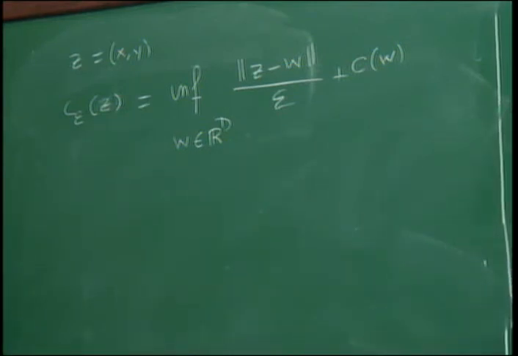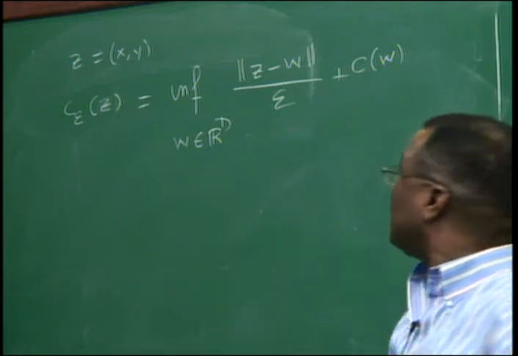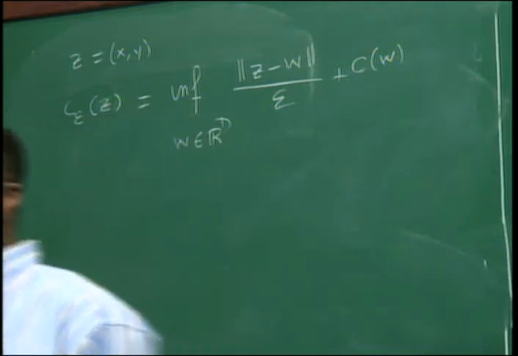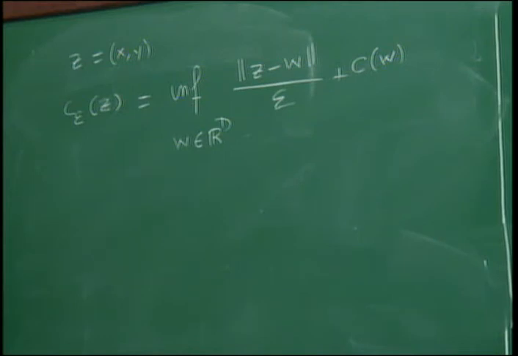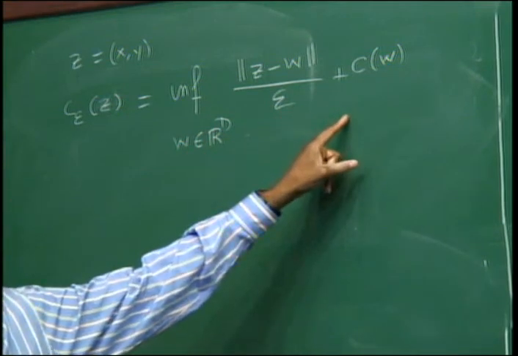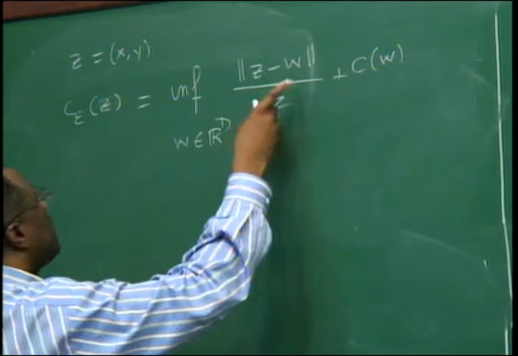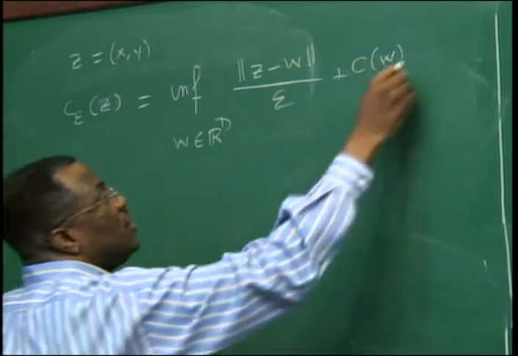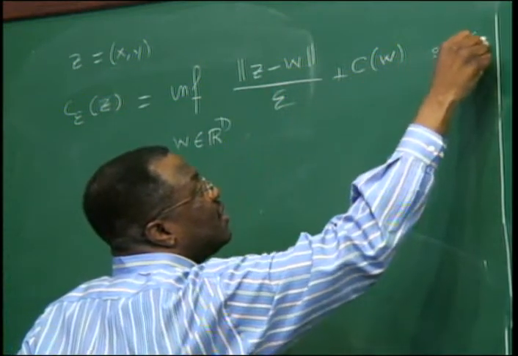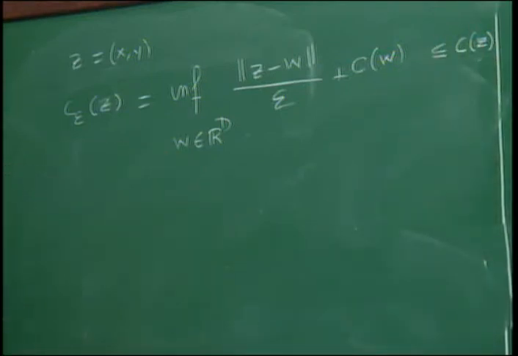So we are going to see later that this function is Lipschitz with Lipschitz constant 1 over epsilon, provided that this infimum is finite everywhere. For instance, if C is bounded below, that is enough to guarantee it. Now, assume in addition C is lower semi-continuous, then the infimum is attained. Because if I take w equal to z, you see that this is less than C of z, and so C epsilon is less than C of z.